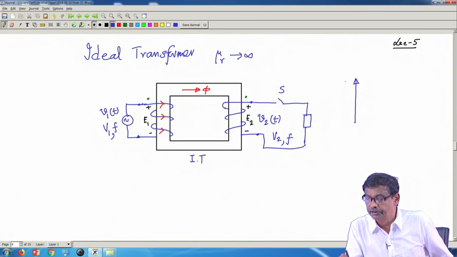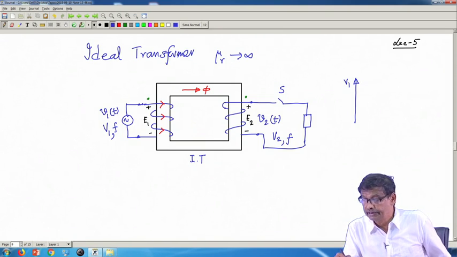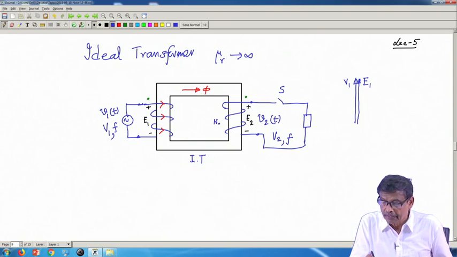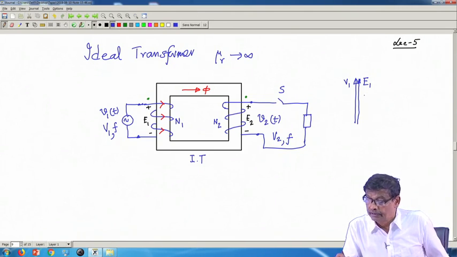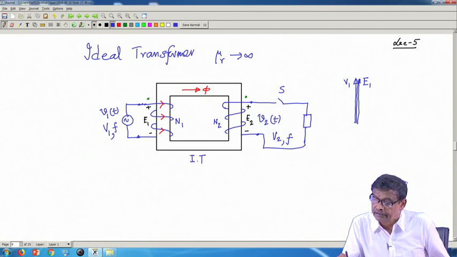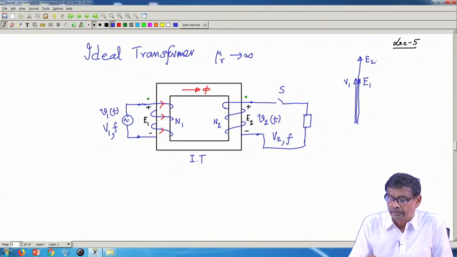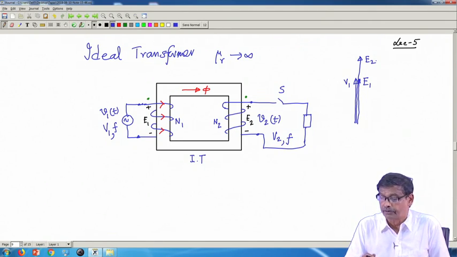This is the applied voltage V1, and this is the induced voltage in the primary, E1, of the same length as V1. The secondary, having N2 turns while the primary has N1 turns, has induced voltage E2, also in phase with this. Of course, its length will be different, maybe more or less than V1, depending upon whether N2 is greater than N1 or not.